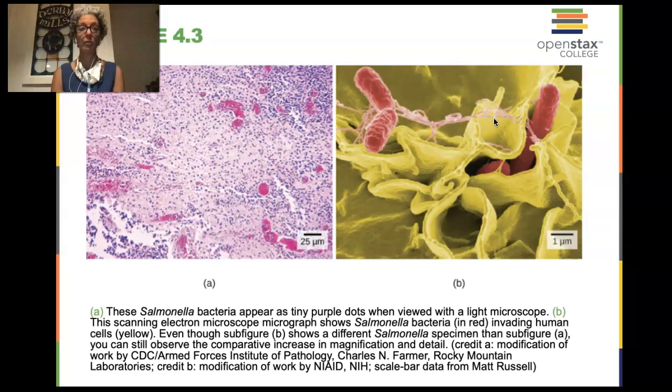The flagella help the bacteria move, and the pili, spelled P-I-L-I, help the bacteria to stick to their host cells. So the green ruffled cells are the villi in a human intestinal cell.